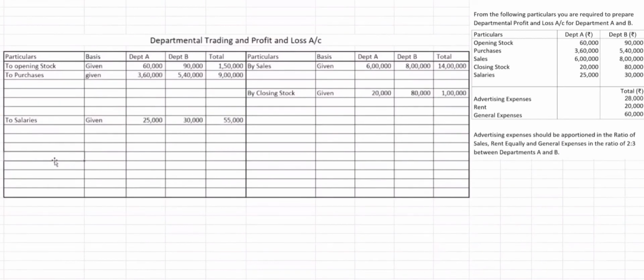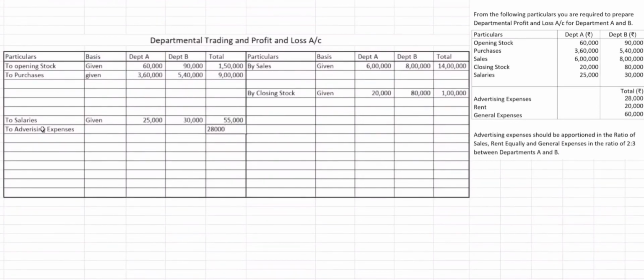Next, they have given advertising expenses. So here I am writing to advertising expenses. Now here, total amount is 28,000. Now this advertising expenses, we have to divide among the departments A and department B. What they have said about the same? Advertising expenses should be apportioned in the ratio of sales.